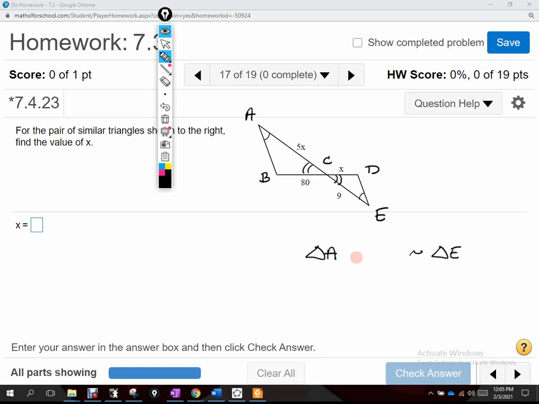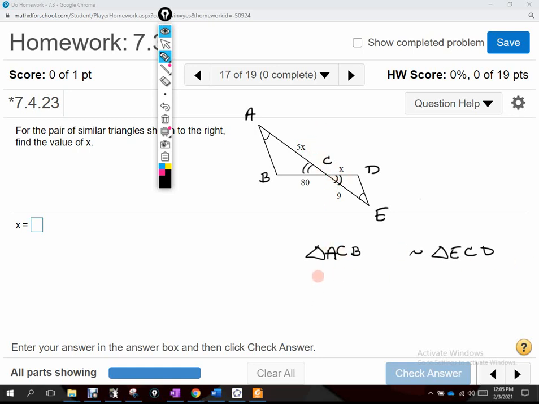So I'm going to go A to C and E to C. And then in that top triangle, I'd have to finish at B, and here I have to finish at D. So what this allows me to do is make sure that I create the correct comparison, whether I compare 5x to 9 or I compare 5x to x. And that's not always going to be extremely obvious, okay?